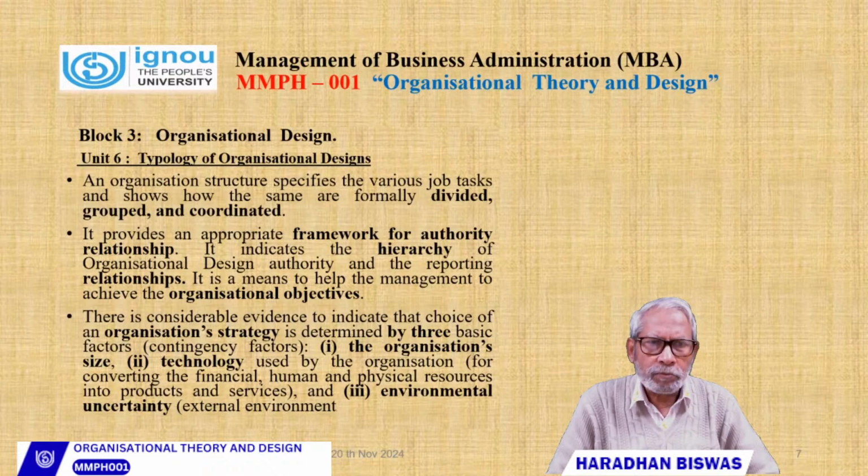Then it provides an appropriate framework for the authority relationships, what the way it is related and who reports to whom. That relationship will be indicated. And it indicates the hierarchy of the organizational design, authority and the reporting relationship.